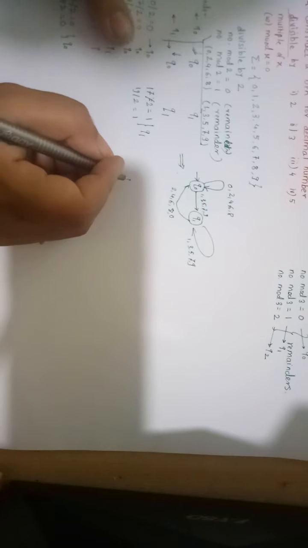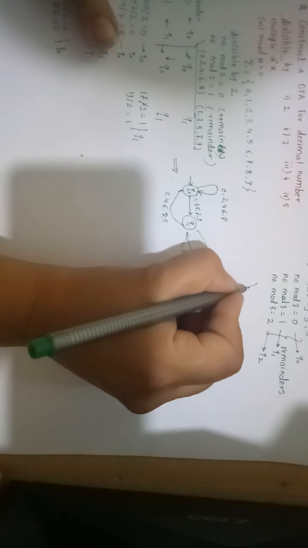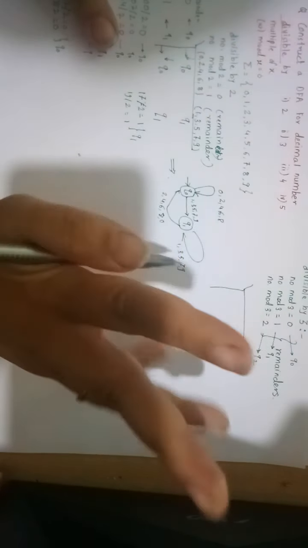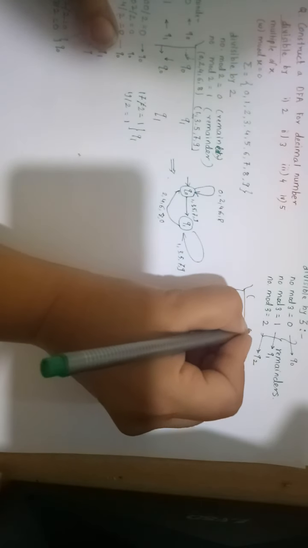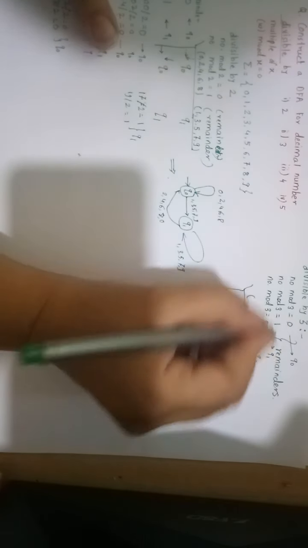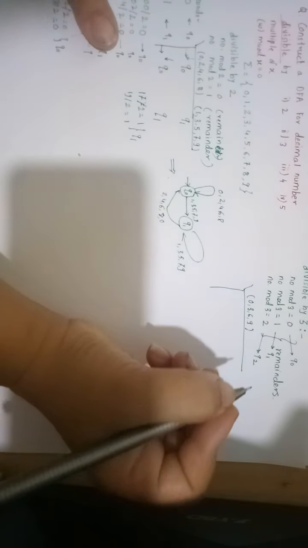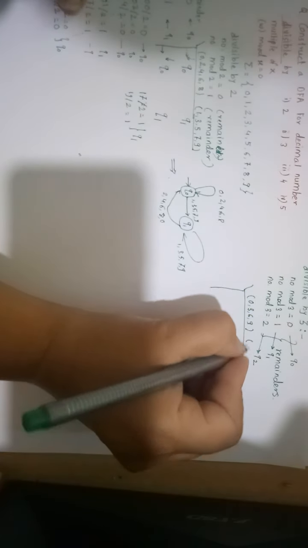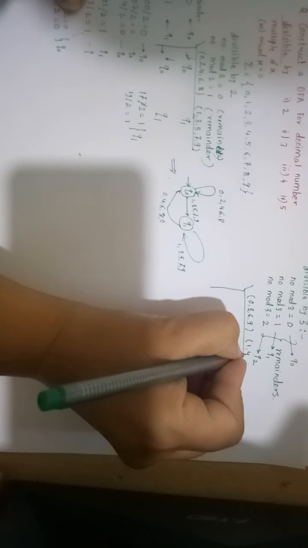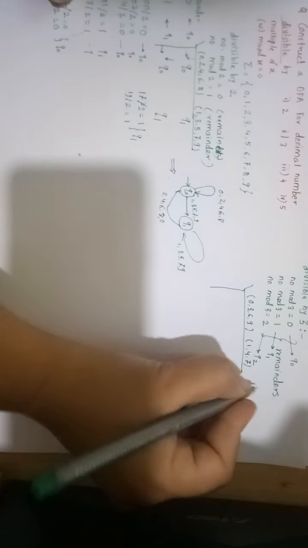So we prepare the transition table. In the transition table, we consider 3. First, remainder 0 means 0, 3, 6, 9. Next, 1, 4, 7 is for remainder 1.